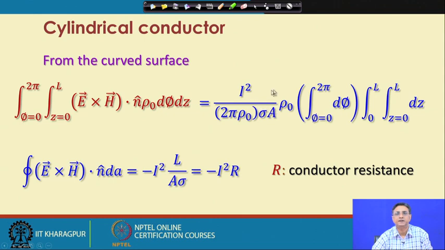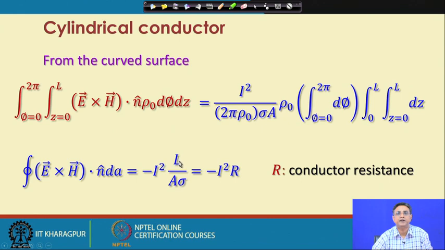So, you take the integration of phi from 0 to 2 pi, and for z from 0 to L. By doing that, E cross H dot n dA is equal to minus I squared L by A sigma, but L by A sigma is equal to the resistance.